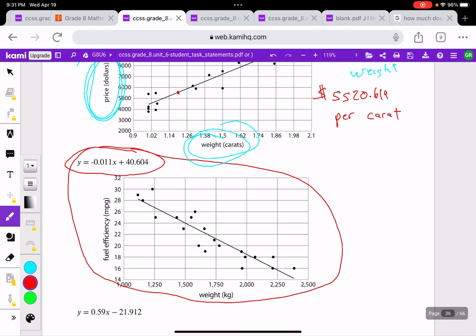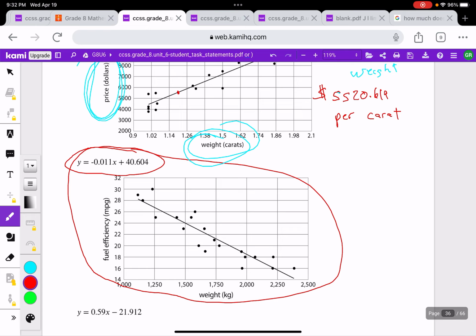So as a car gets heavier, its miles per gallon, on average, goes down. There are exceptions, of course, with aerodynamics and the type of vehicle, the type of engine. But that's the whole point of a scatter plot. It's saying there's lots of different types, but there's a tendency that says it goes down. So that negative 0.011 means something.